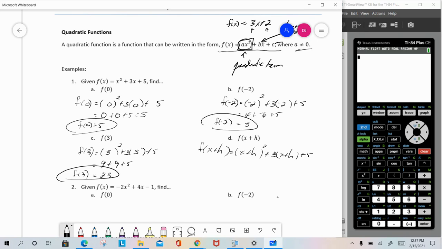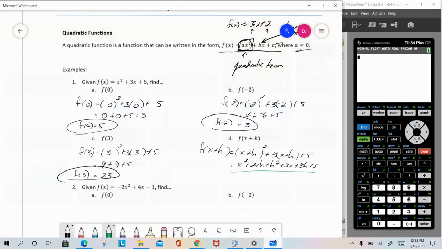At this point, I'd actually be okay if you stopped right there. If you stopped there and told me that this is f of x plus h, I'd be okay with that. But you also need to be able to expand: x squared plus 2xh plus h squared plus 3x plus 3h plus 5. And what we would want to do is look for any like terms. There are no like terms there.